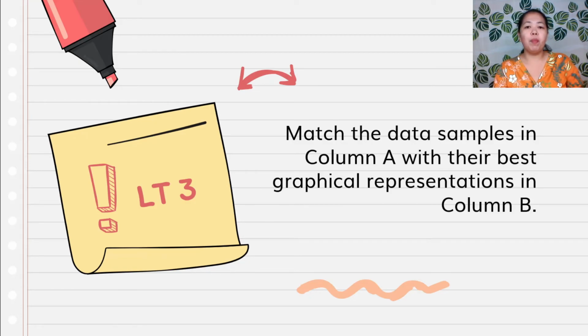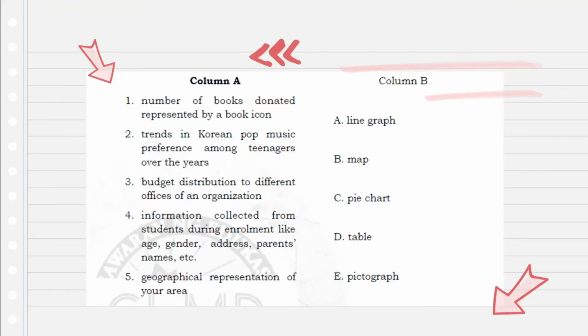Match the data samples in column A with their best graphical representations in column B. Okay, let's have the data in column A. 1. Number of books donated represented by a book icon. 2. Trends in Korean pop music preference among teenagers over the years. 3.